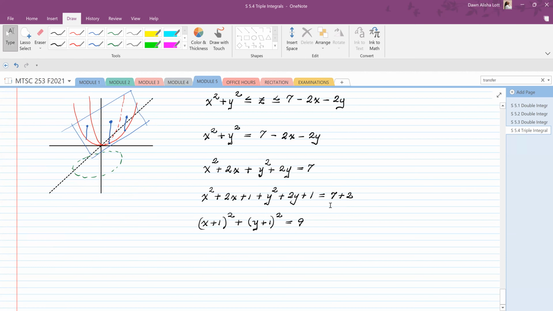Yay. So this is where it meets. It meets in a circle of radius 3, and its center is 1, 1.